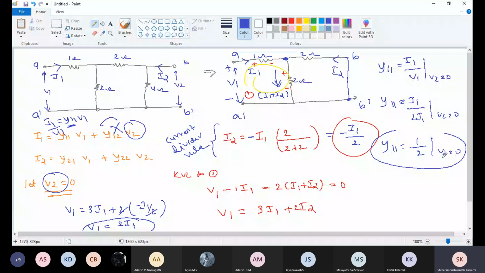Then similarly, substitute the value of I1. One minute, very confusing.